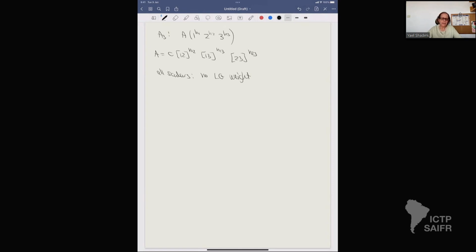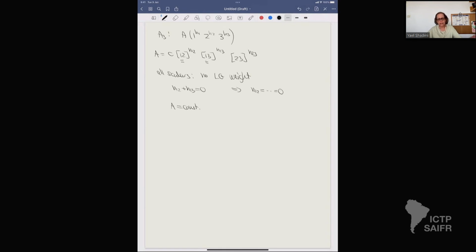But you see that 1 appears here and 1 appears here, and they do carry little group weights. So what we need in this case is for n12 plus n13 to be 0, and similarly for 2 and 3. So we find that all these n12 and so on are all 0. So our amplitude is just a constant.